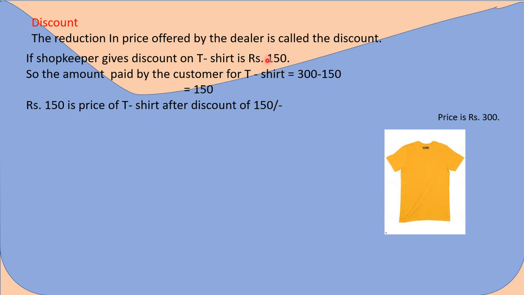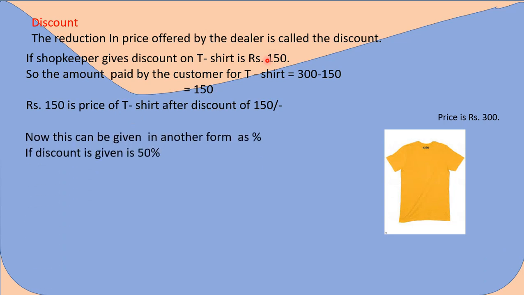Now here the discount is given in rupees. What will happen if the discount is given in percentage? So we can write it as a percentage. Let us take an example. If the discount given is 50% on this t-shirt, in that case we have to find out the discount in rupees. So convert this percentage into rupees.